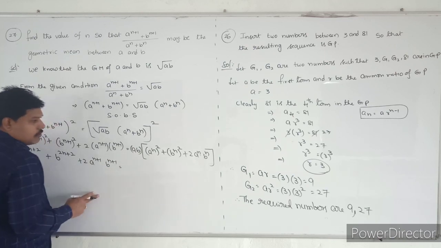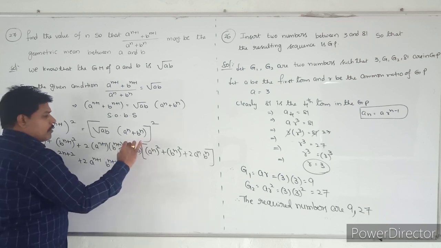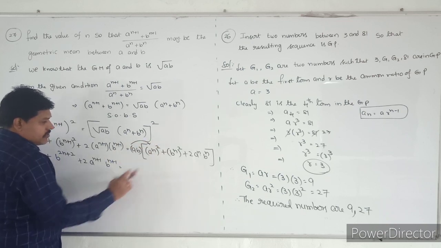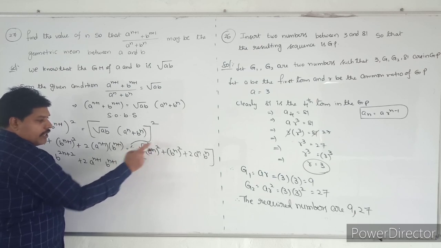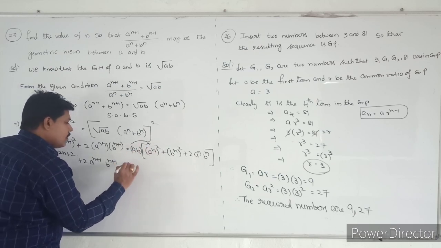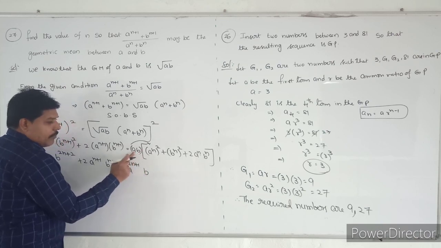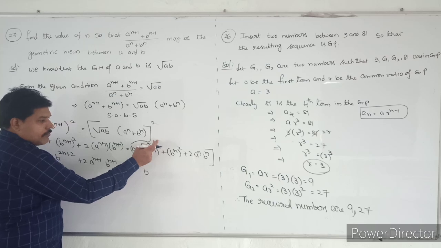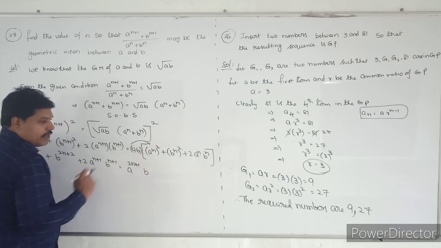So that is equal to, here multiply carefully. So multiply these two. What happens? a^(2n) into a, it will become a^(2n+1) into b. So ab into a^(2n), a^(2n+1) into b.